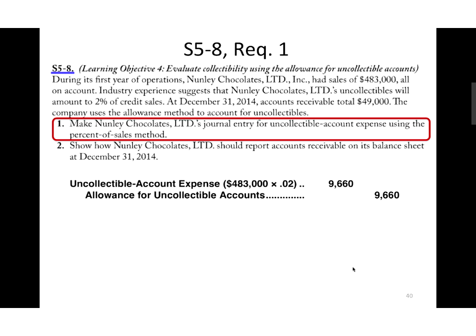So we're debiting the uncollectible account expense. What's happening here is we're recognizing expense. We're saying we estimate that of all these sales we made, we won't collect $9,660.